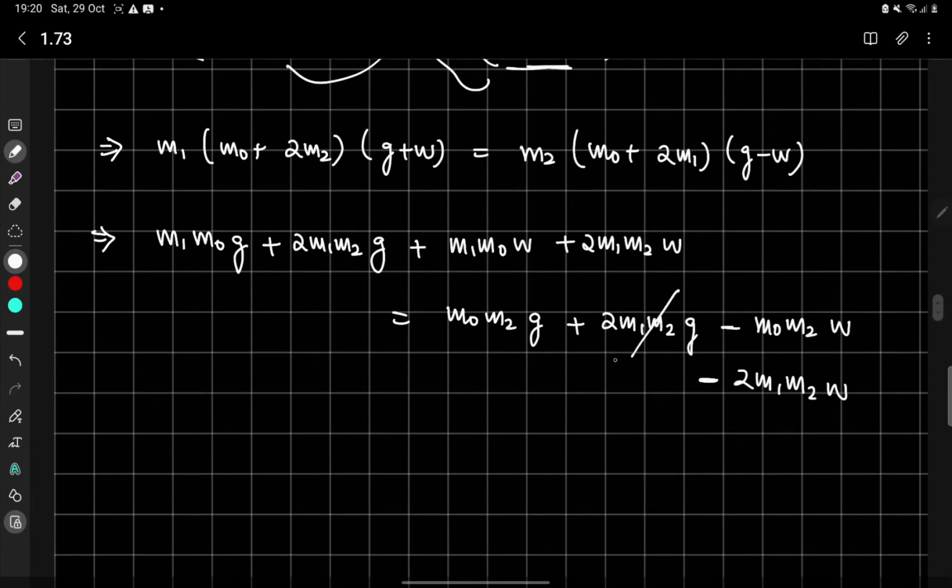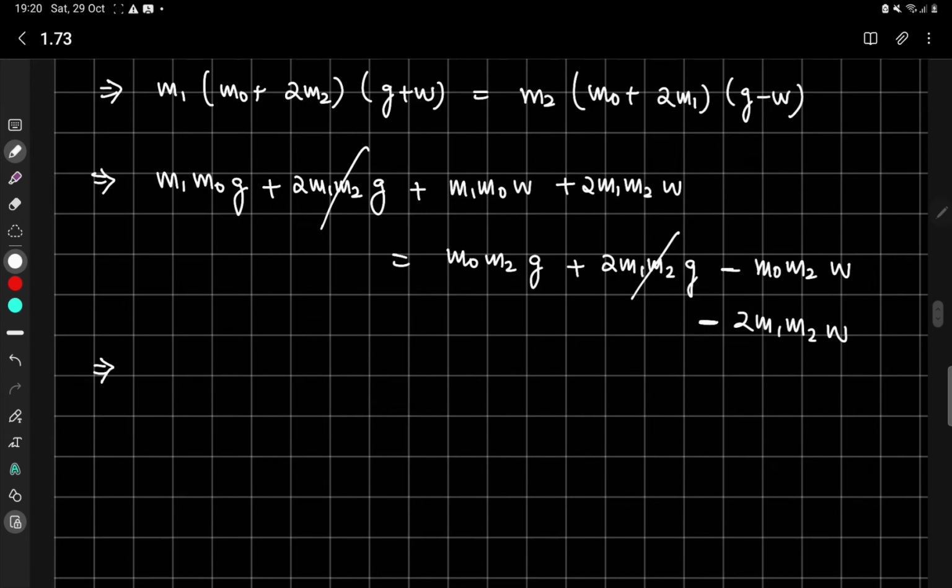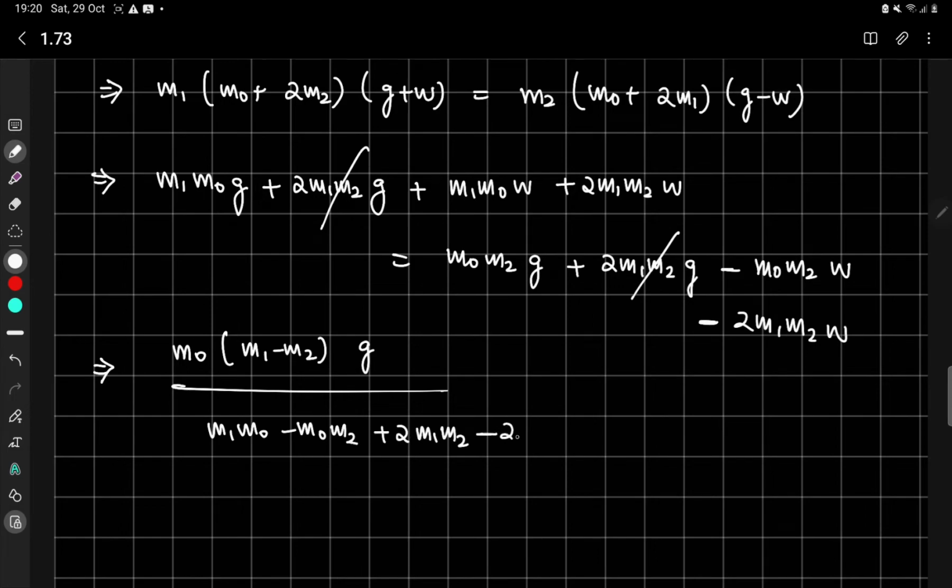So this 2 m1 m2 g and 2 m1 m2 g will get cancelled, and finally we can get the expression of w, that we can write as m naught times (m1 minus m2) into g whole divided by m1 m naught minus m naught m2 plus 2 m1 m2 minus 2 m1 m2, that is equal to w. Sorry, this would be minus and this will be minus.